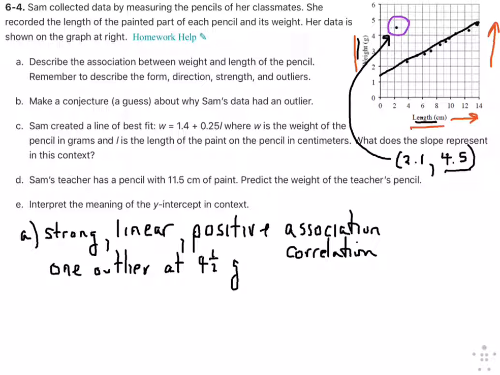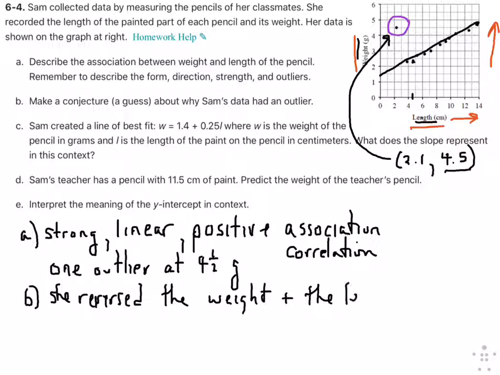So let's say I used the 4.5 here, and I graph that as x, that would be about here, and then 2.1 is about here, and that would be in line with the graph. So I'm going to say, as my guess, she reversed the x and y, the weight and the length. That's my guess. I mean, you could just say she measured wrong, but this seems like a more appropriate guess.